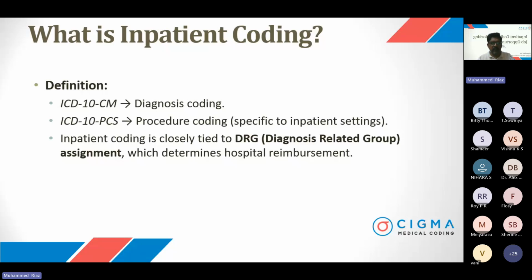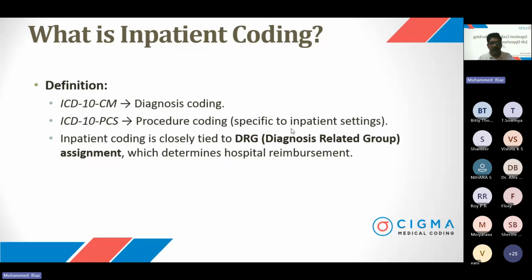Outpatient coding is very simple in format and structure, and outpatient coding systems and reporting are very simple. On a day-to-day basis, we report the services for outpatient coding. In inpatient or hospital coding, the patient is admitted for a number of days.